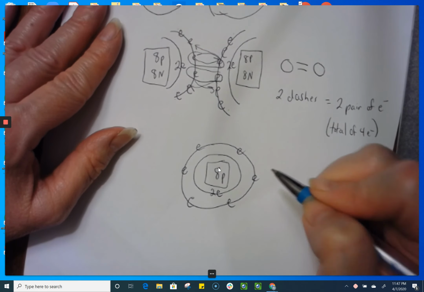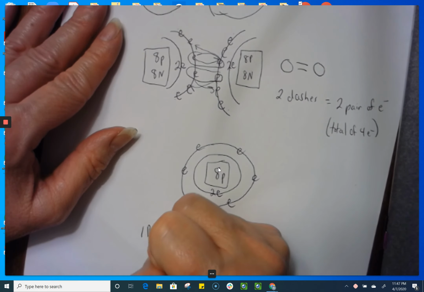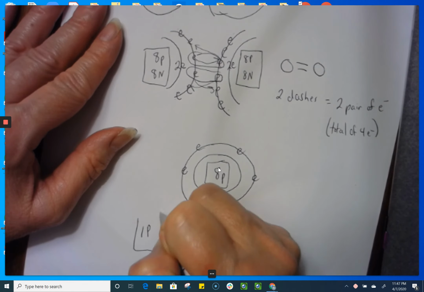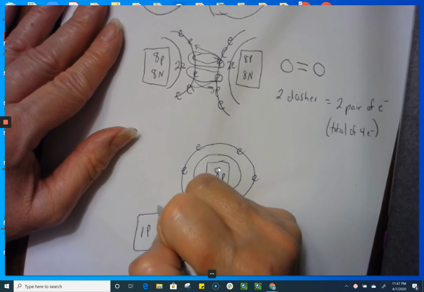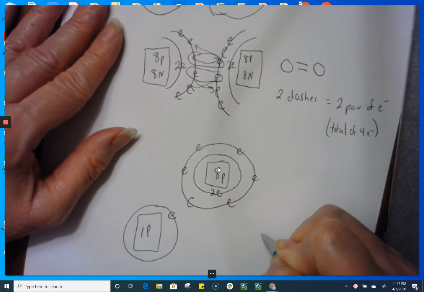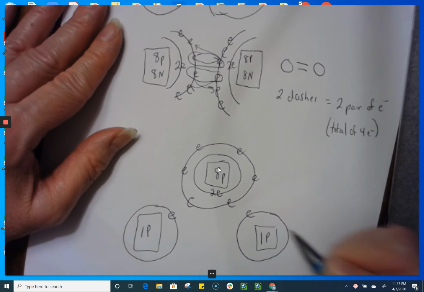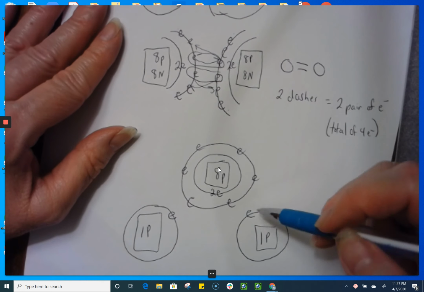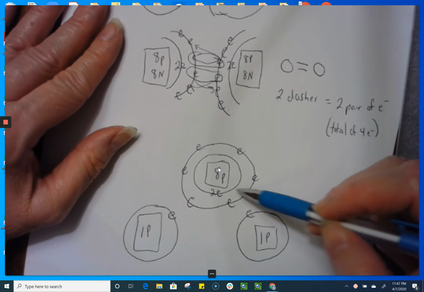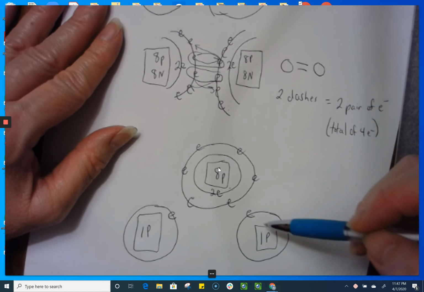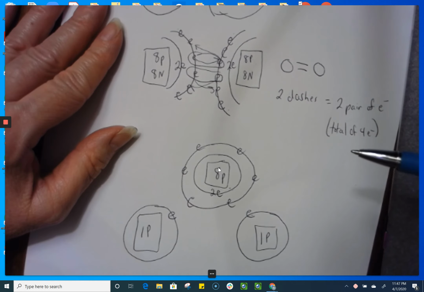If oxygen is allowed to bond with hydrogen, and each hydrogen only has 1 electron out here, it's not of any advantage for hydrogen to give its electron away because that's not going to make it stable.